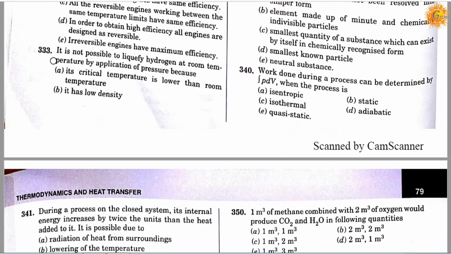Question number 333. It is not possible to liquefy hydrogen at room temperature by application of pressure because: option A, its critical temperature is lower than room temperature. Option B, it has lower density.